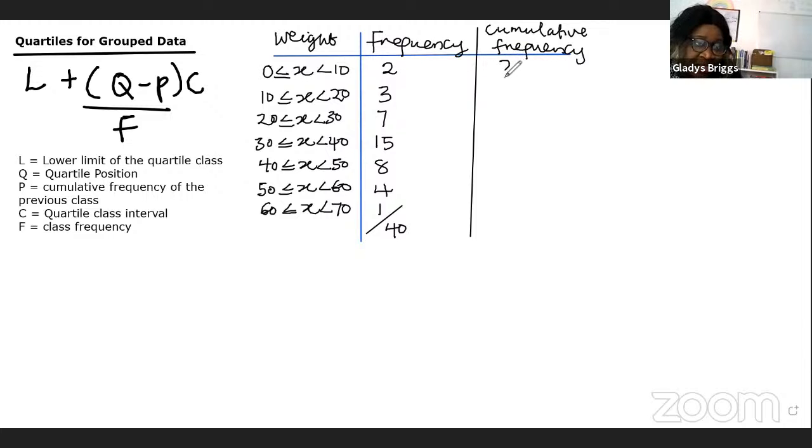The first one here is going to be 2, and if we add on that 2 to 3, then we will have 5. If we add 5 to 7, we get 12.